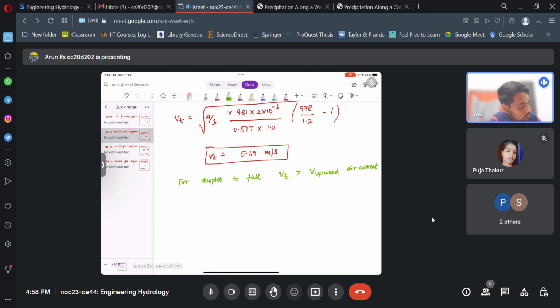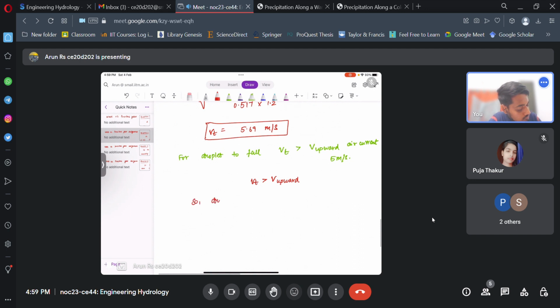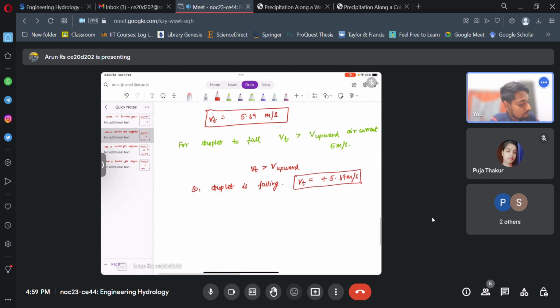Here your upward air current is 5 meters per second. So Vt is greater than upward air current. So the droplet is falling, and if it is falling, we have to give a positive sign for the velocity. Understood? Any doubts in this?